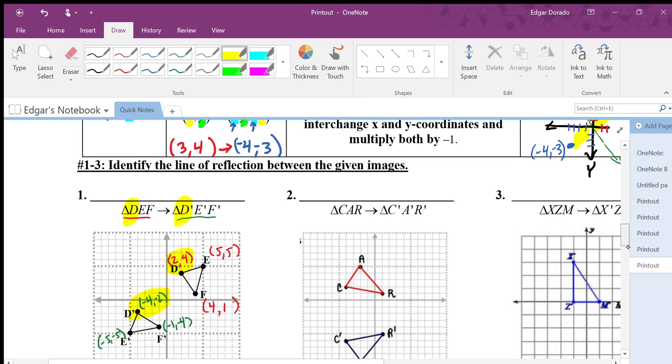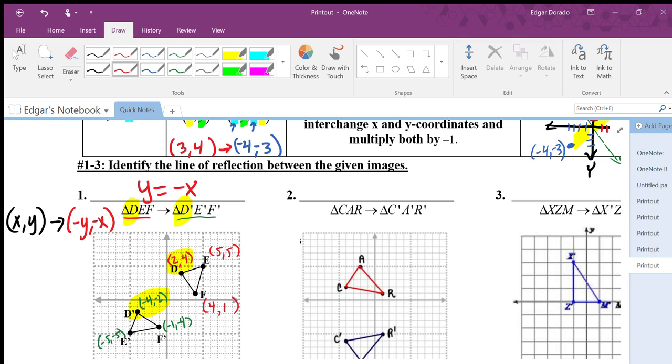Well, let's see. The line y equals x tells us that x turns into y. Well, not quite. My x does turn into my y, but it turns into a negative. So now I know for a fact it's not the line y equals x, it's the line y equals -x, because that tells me my x turns into my y, and my y turns into my x, but they turn into opposite values.